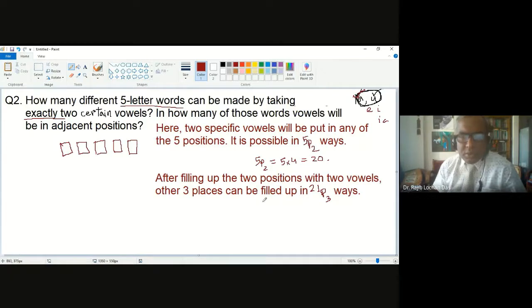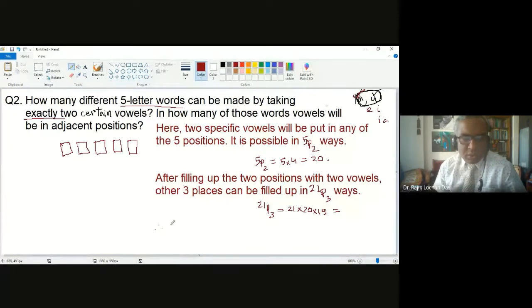So 21p3 you already know what to do. 21p3 is actually 21 into 20 into 19, so that will be the answer here. So this is a big number. And what will be the final answer?